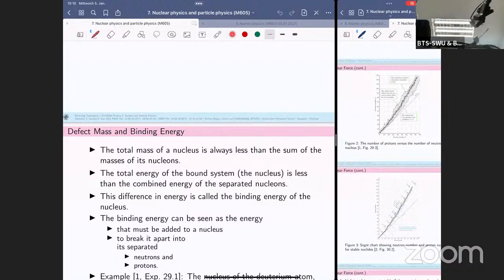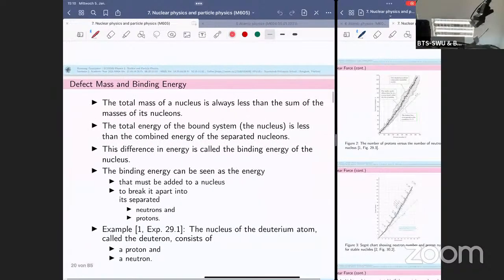This difference in energy is called the binding energy of the nucleus, and this is quite important for us. The binding energy can be seen as the energy that must be added to a nucleus to break it apart into its separated neutrons and protons.